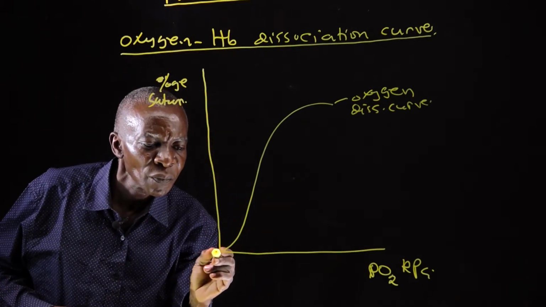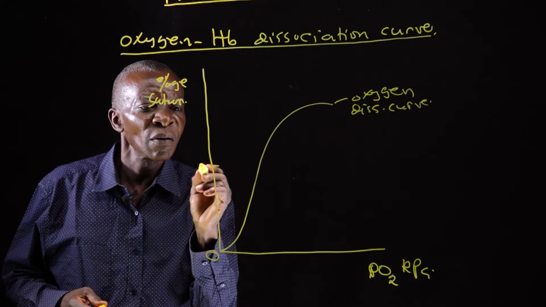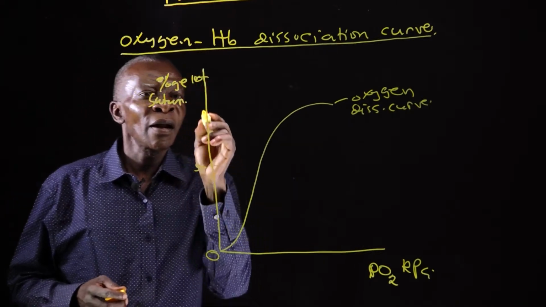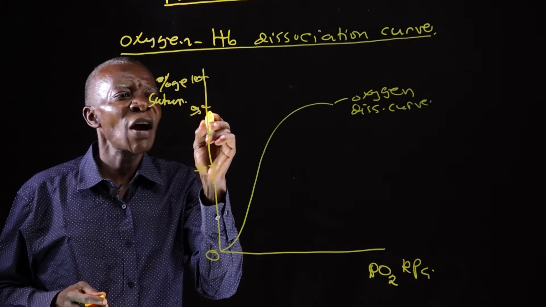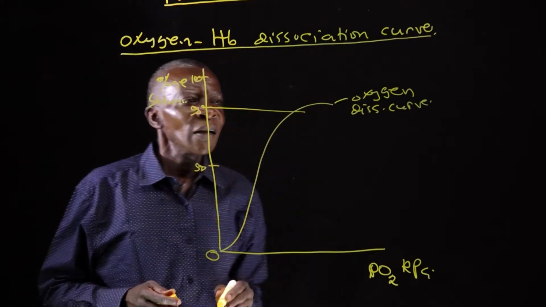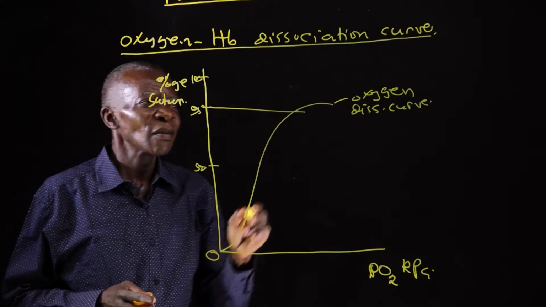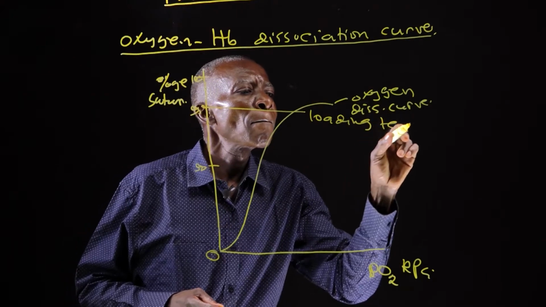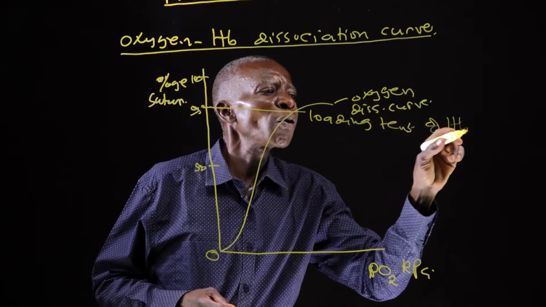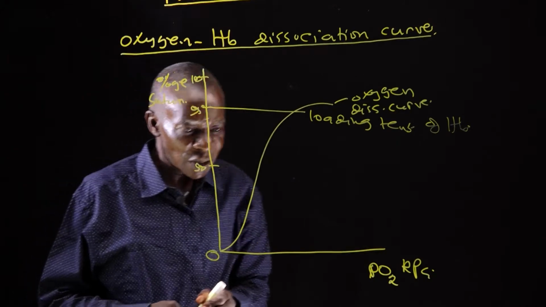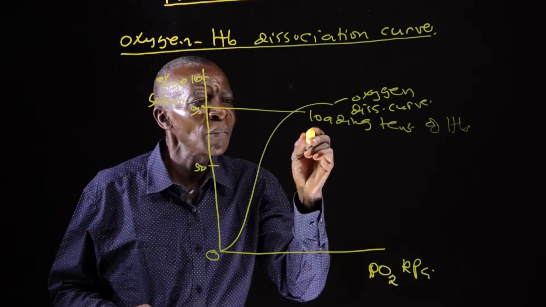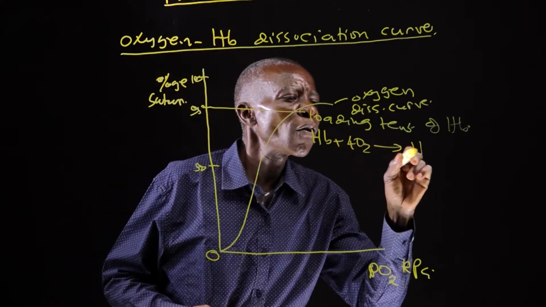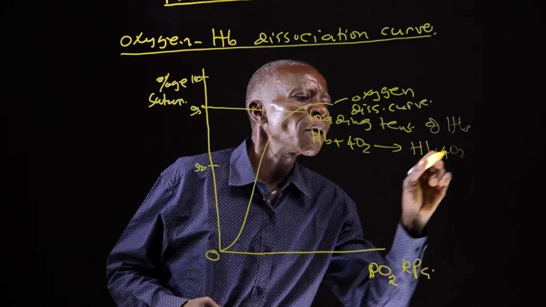Say we have 0, 100, and maybe this is 95. This is the loading tension of hemoglobin. Here is where hemoglobin combines with oxygen to form oxyhemoglobin.